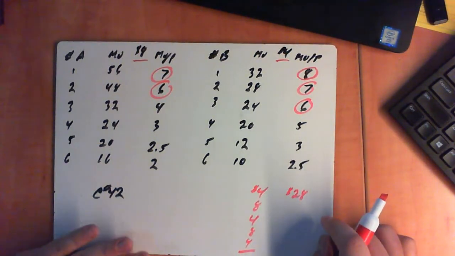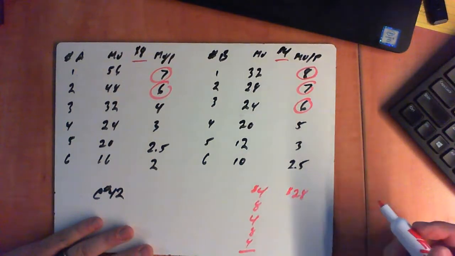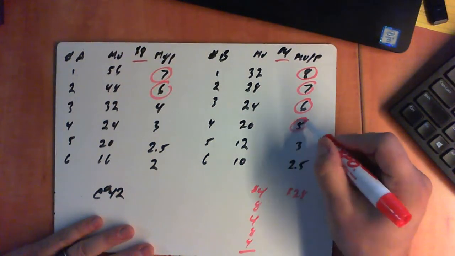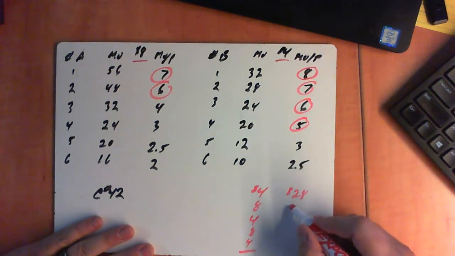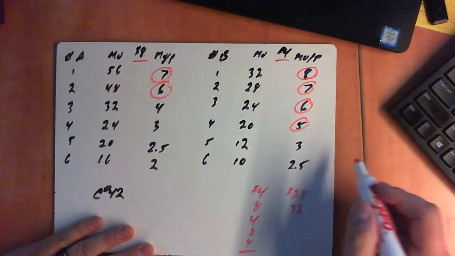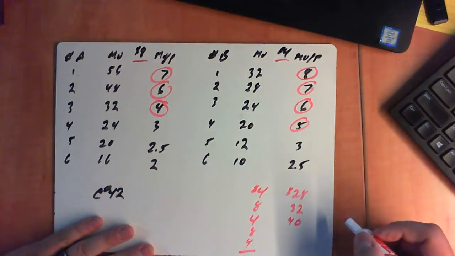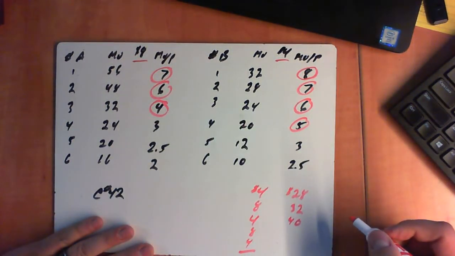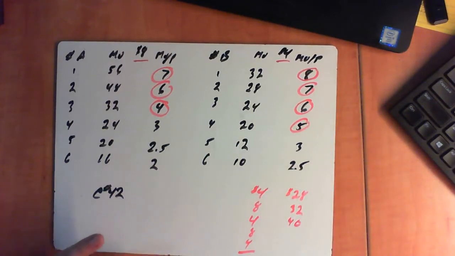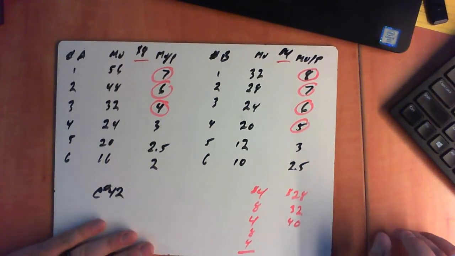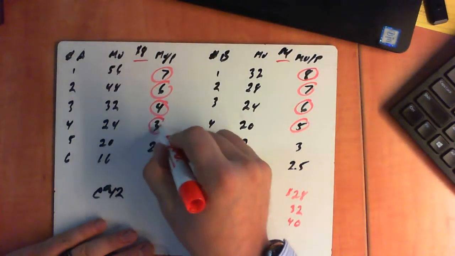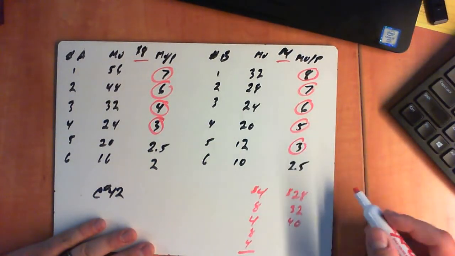So he has still some money to spend. Well, we'll keep going. He would buy this one, right? So now we're up to $32. He'd buy this one. So we're up to $40. Next, 3 and 3.